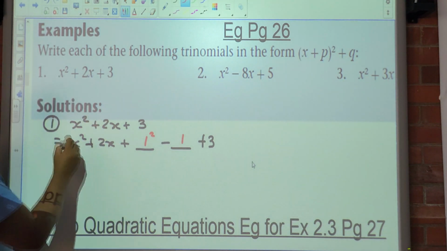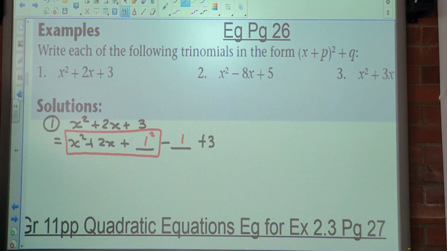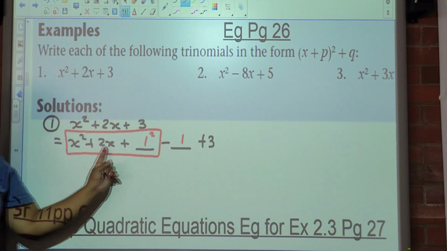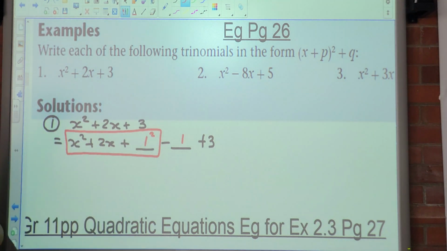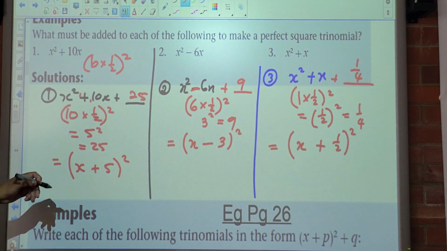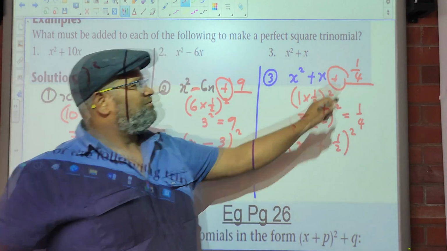Right. So what is this now to us? Perfect square trinomial. So I actually added this one here to get the perfect square trinomial. And also remember, when we spoke about these terms here, what did you notice? This was always positive.